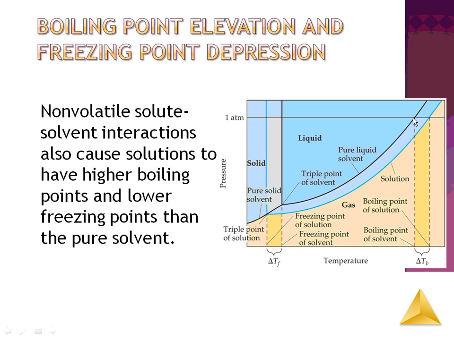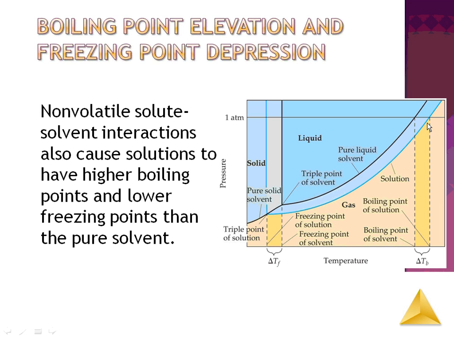So if I drop that whole curve down like this, you can see that now where the temperature and new vapor pressure intersects with 1 atmosphere, which would be its boiling point, that is higher now than what it used to be.